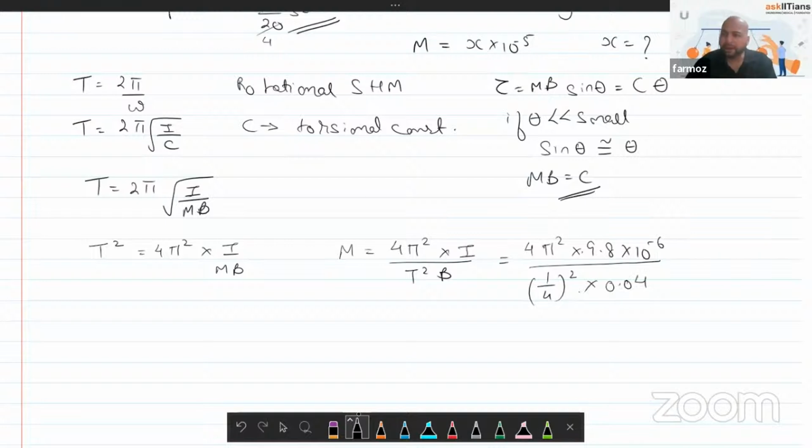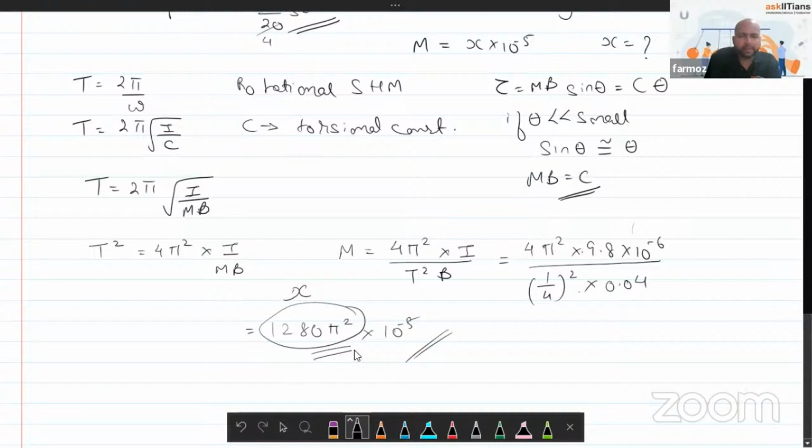Now if you solve this, the entire value comes approximately to be 1280 pi square into 10 raised to minus 5. So this corresponds to the value of x. Clear, everyone?